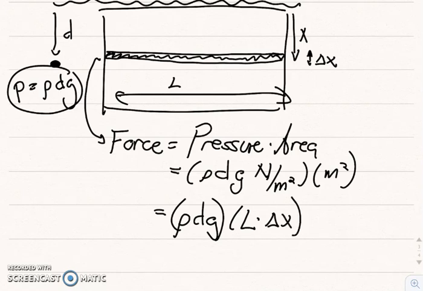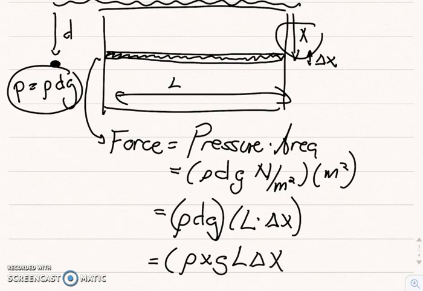The depth of the plate is given as x in this particular scenario. So we have rho times x times g times L delta x. And whoops, our units, of course, here would be newtons. That's the total force applied to this particular horizontal thin strip.